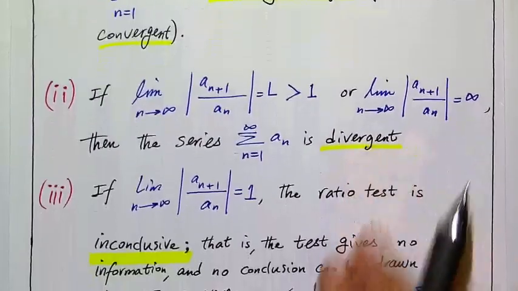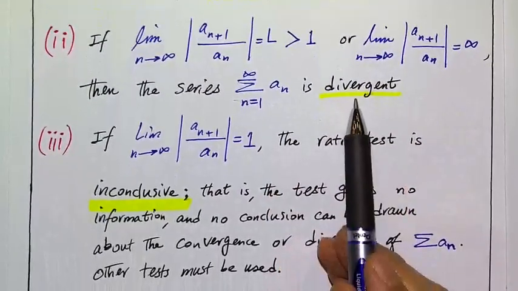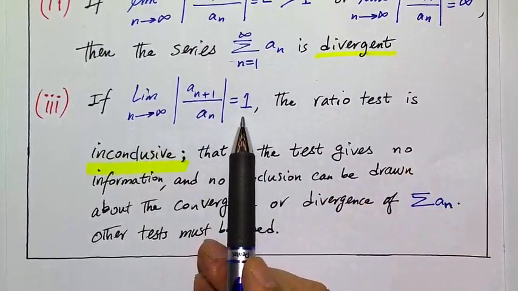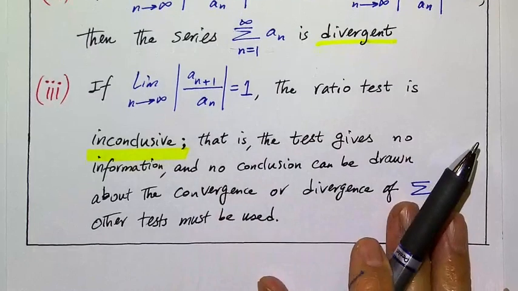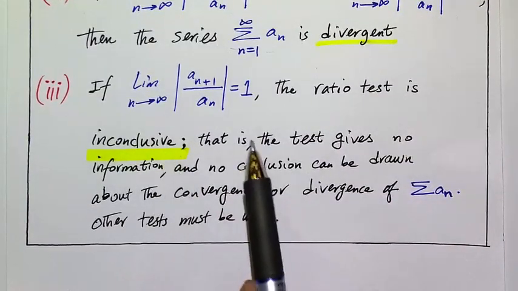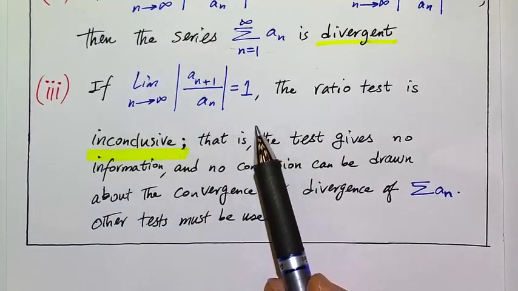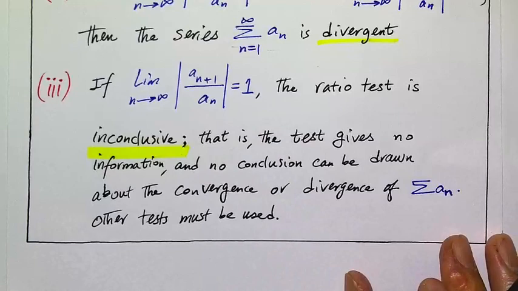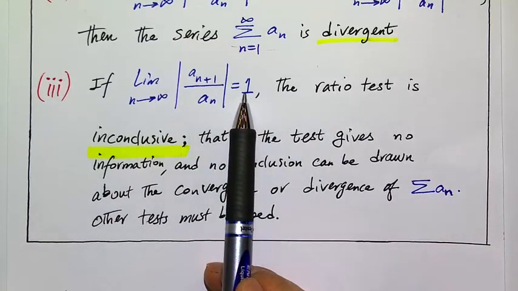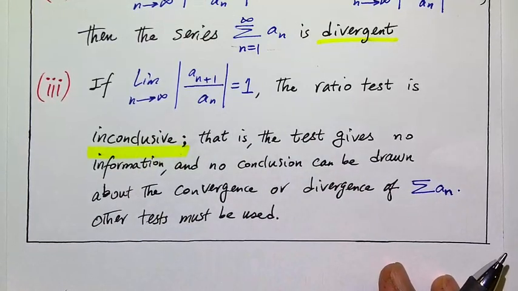If that ratio is larger than 1, then it is divergent. And if the ratio is equal to 1, the ratio test is inconclusive. That means we can't say anything about the series using the ratio test. We got to use some other test. Okay? If the ratio is equal to 1, then the test is inconclusive, and then we have to use some other test.